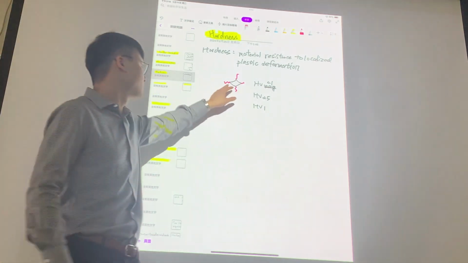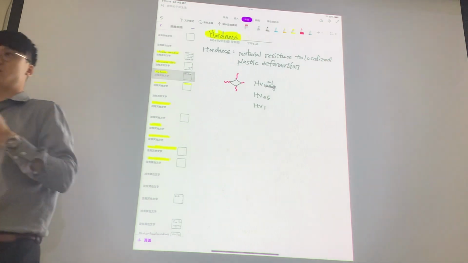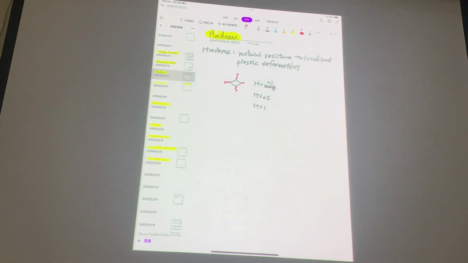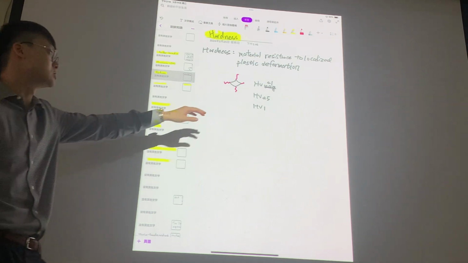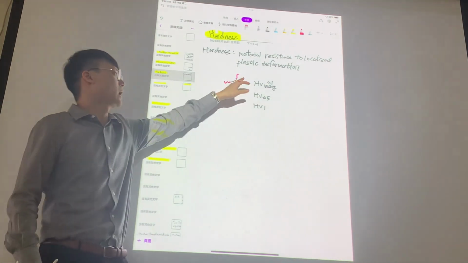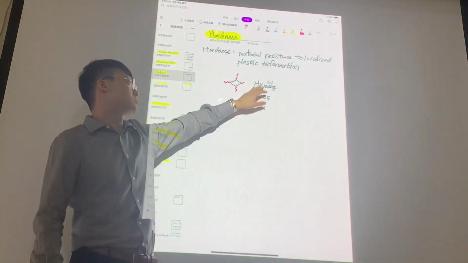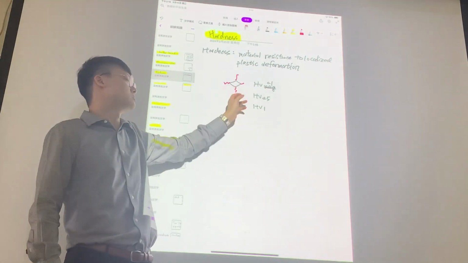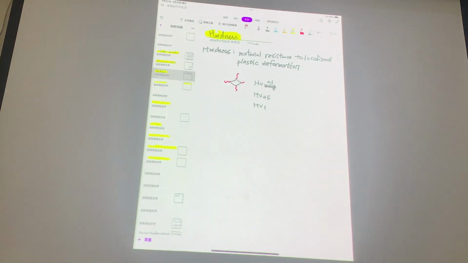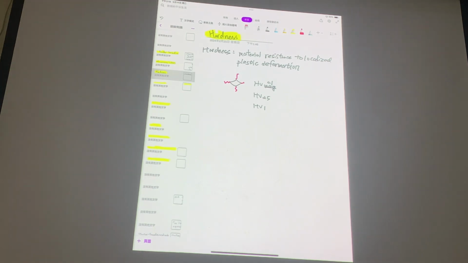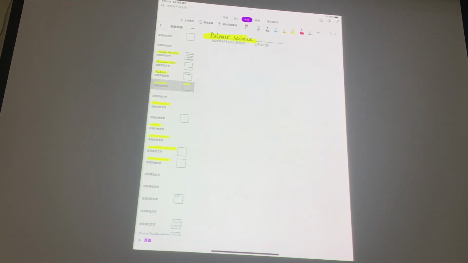These are cracks that you want to avoid because these cracks actually influence your measurements, right? So if somehow you use this load and you get this crack, reduce it to HV 0.1 and see if you still see these, all right? Does that make sense? Okay, good.